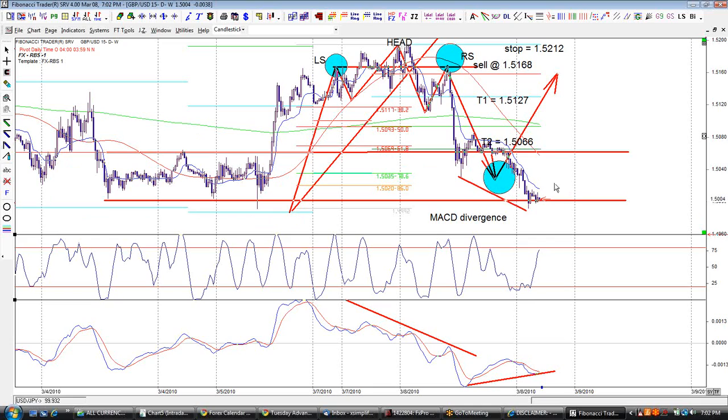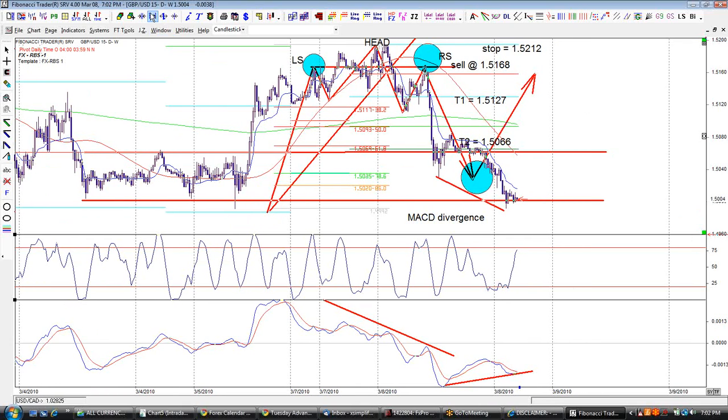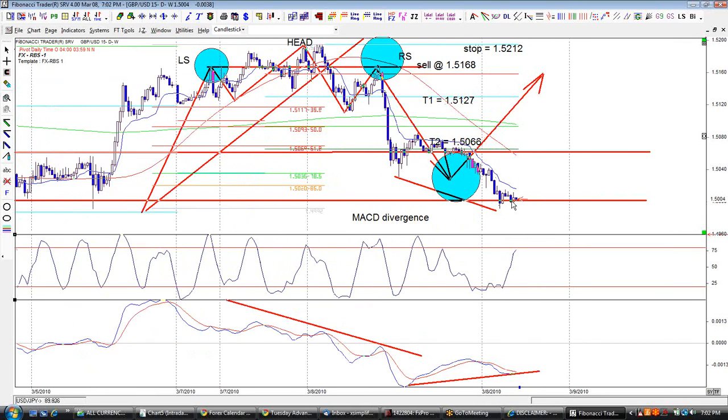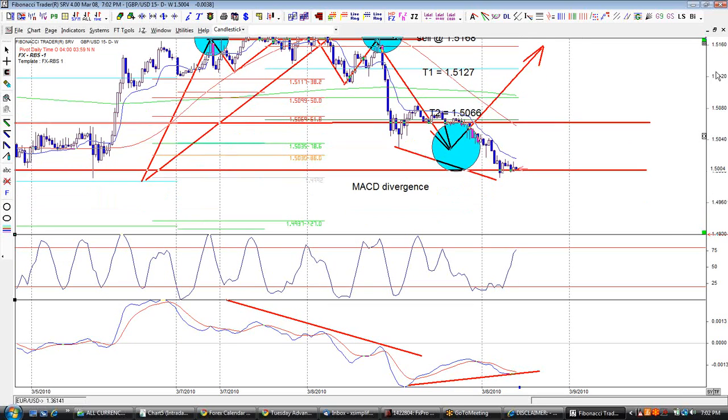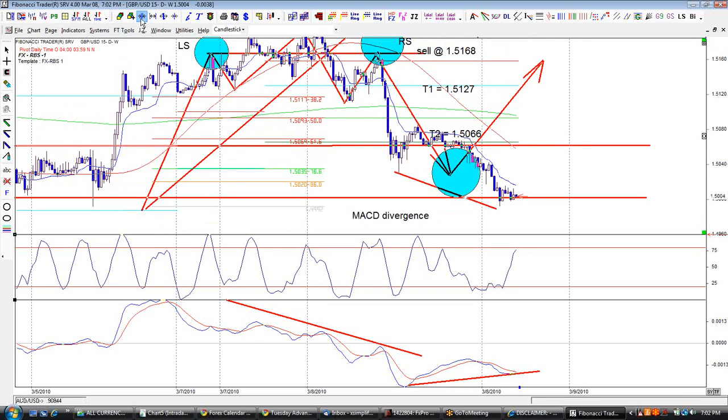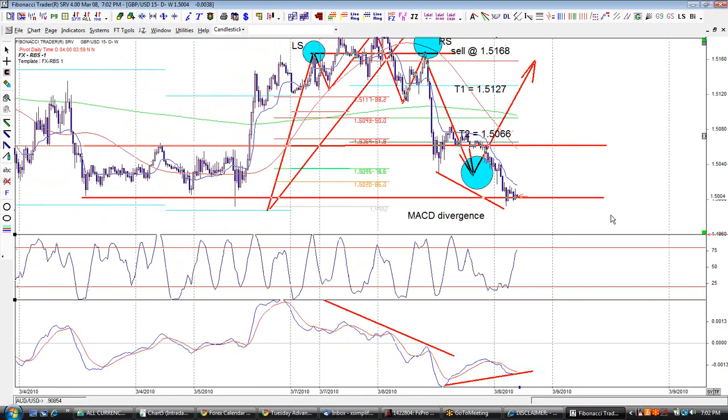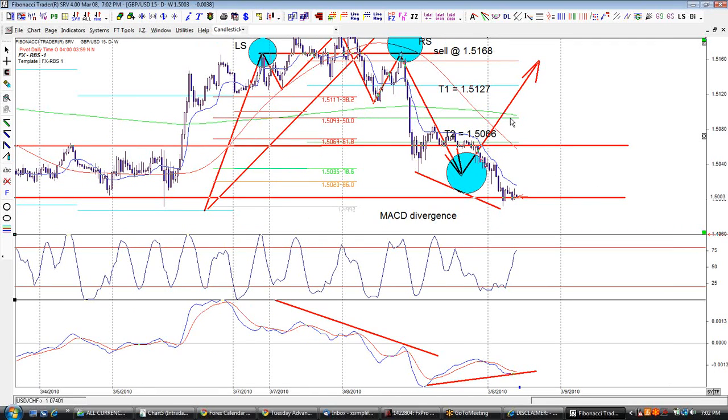Also, we are at the support level, so we can see some bulls entering the market. As long as this level holds, we will see some bullish move.